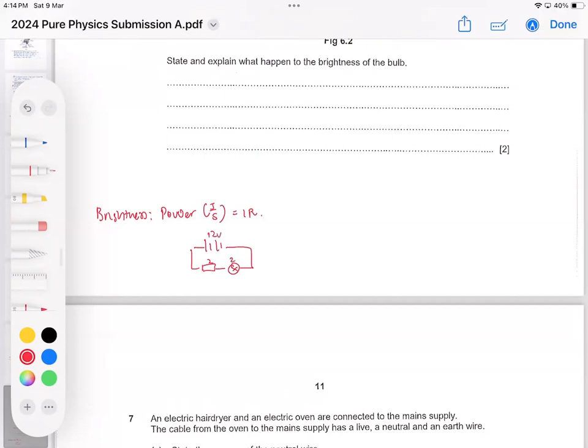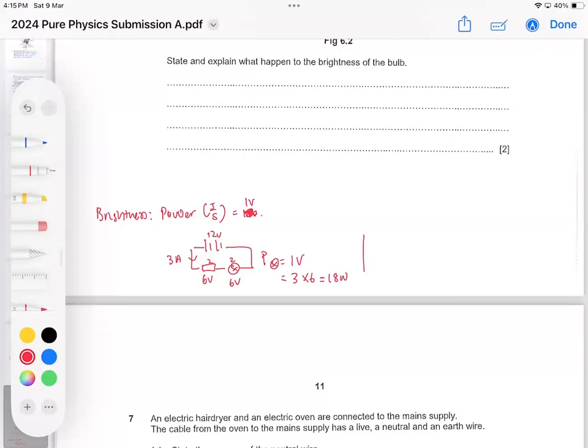If you do a quick calculation, we can see that the current flowing here is 3 ampere, and this is 6 volts, 6 volts. So for this setup, the power of the lamp is, sorry, not IR, it's IV. The current is 3, the voltage is 6. So this lamp produces a power of 18 watts.